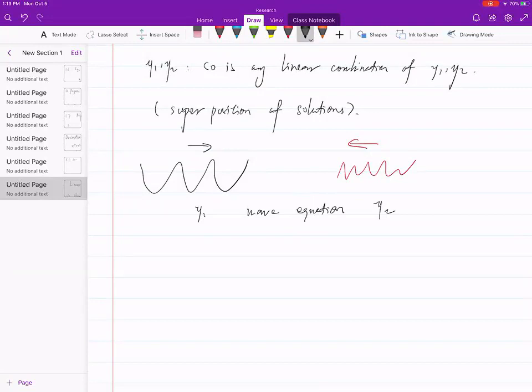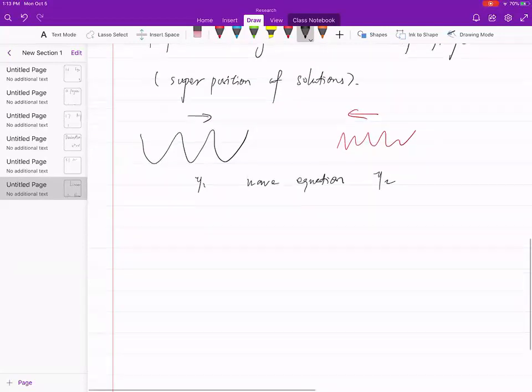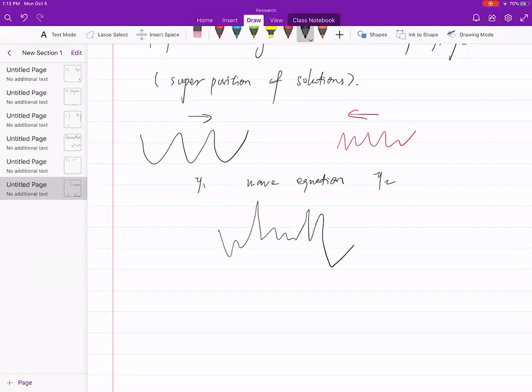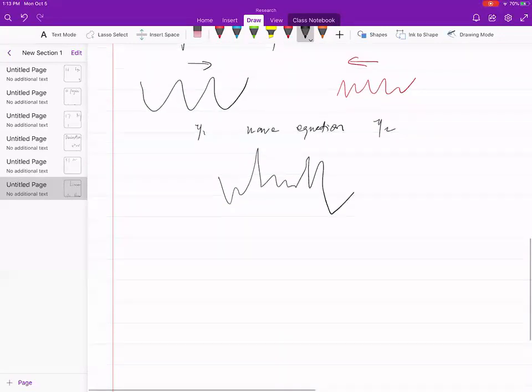Then what it says is when you put these two waves together, when they meet each other, you're going to have something which is a superposition of these two waves, basically these two waves adding together. You have something like this when they meet. This is also a solution of the wave equation.